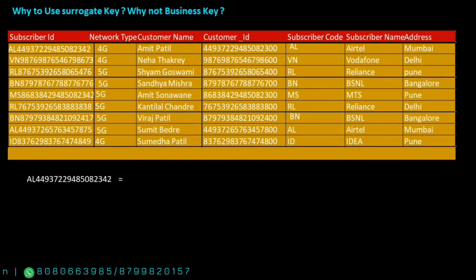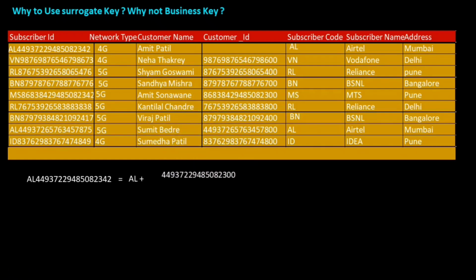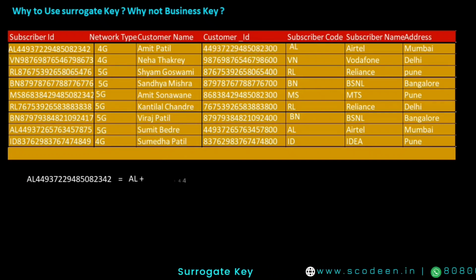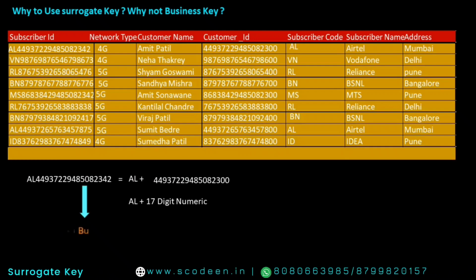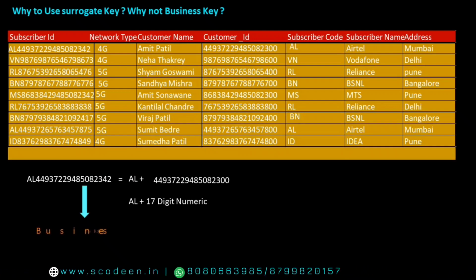Here, the subscriber code is AL, the code for the subscriber name Airtel, and the customer ID is a 17-digit numeric value. If we combine them, the subscriber ID is created. We can call it a business key, or we can use it as the primary key.